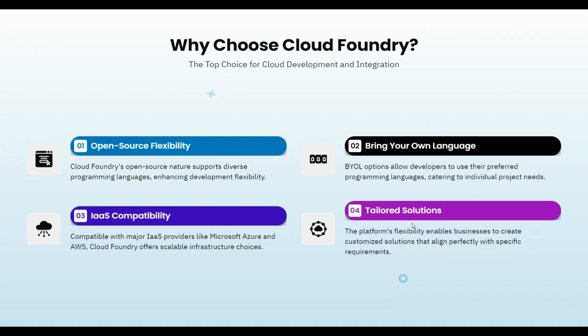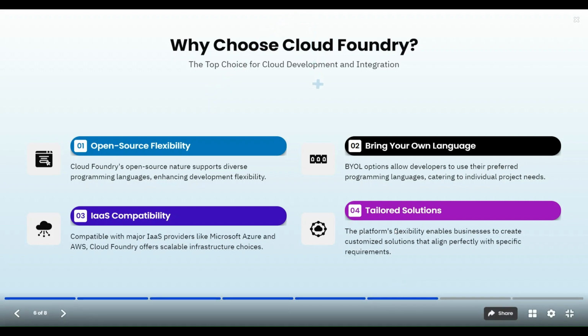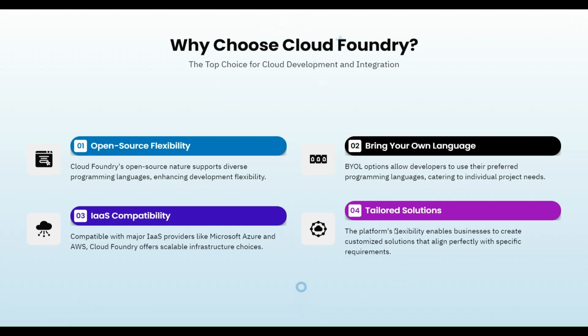So why choose Cloud Foundry? Cloud Foundry is the top choice when it comes to cloud development on SAP Cloud Platform. Its open source nature means it supports diverse programming languages, providing development flexibility.